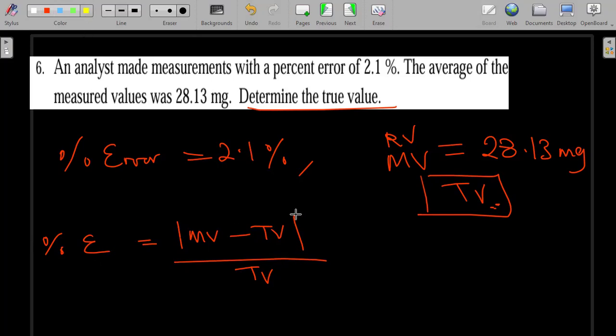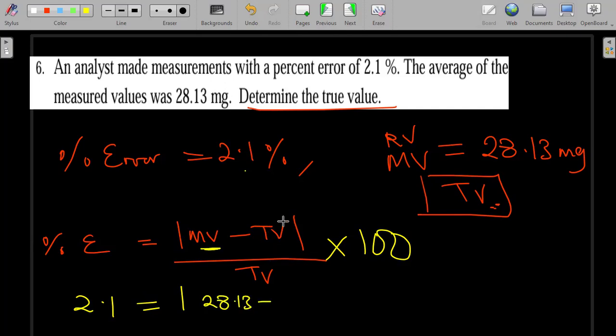From this formula, we're just going to put these numbers in. I've forgotten the 100 here. You multiply by 100 because it's a percentage. So here we have the percentage error, 2.1, equal to the modulus of the measured value, 28.13, minus the true value.